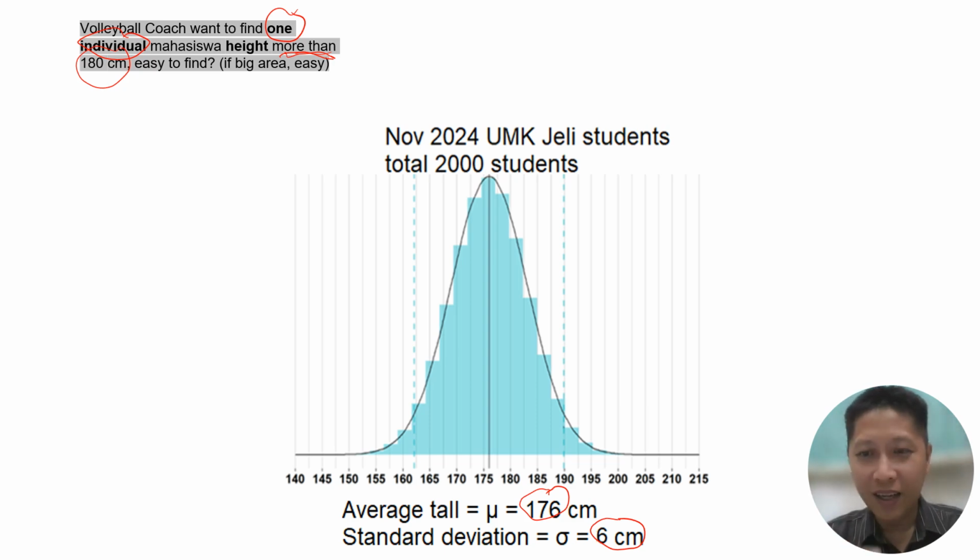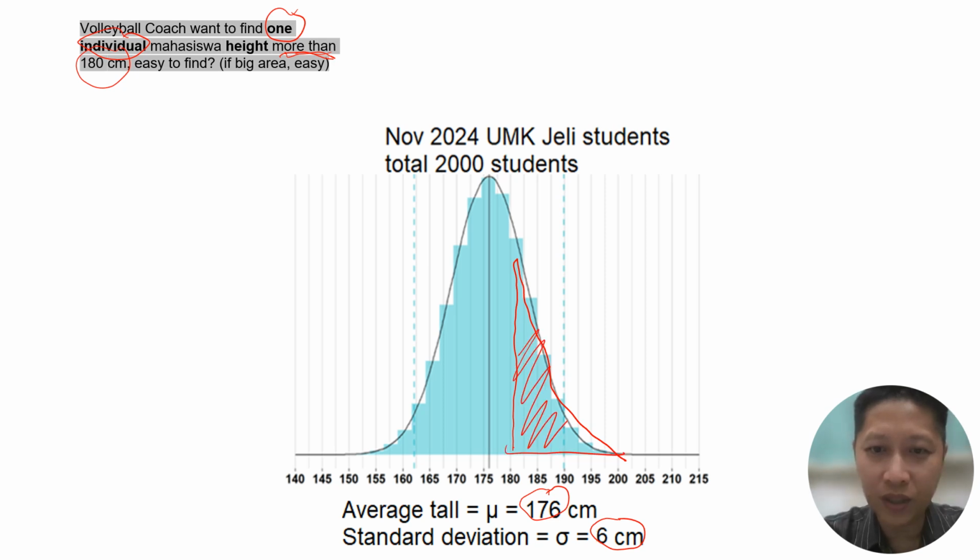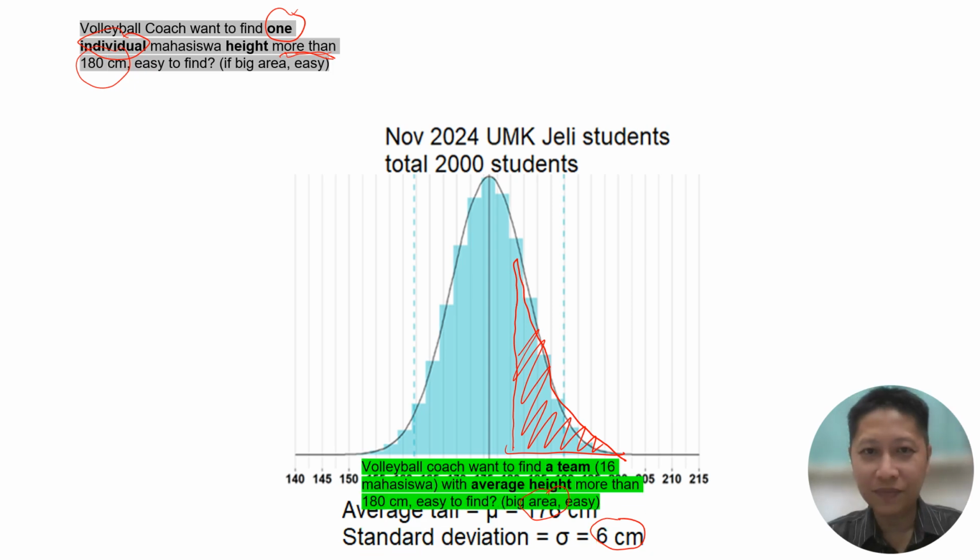If at the end the area that we are going to shade is very big, it means it is easy to find. So roughly, we want to find a mahasiswa who is 180 cm or above. The area is the red color. Is it big? Later on, we are going to use a number to determine whether it is big or not.